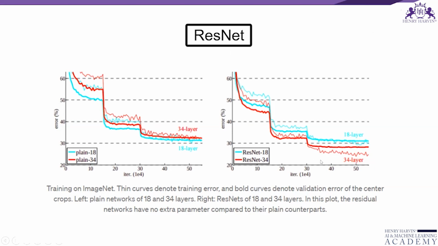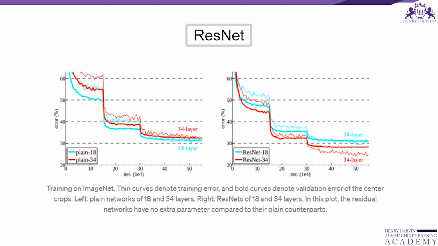What they did was run some experiments on the CIFAR dataset. They used images of size 32 by 32 with 3 channels. On this dataset, they tried increasing the number of layers in the network.